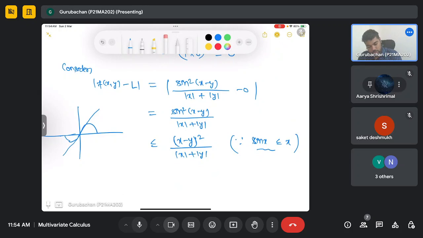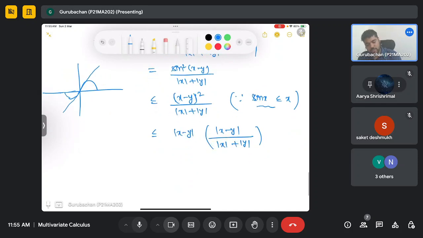So this can also be written as mod of x minus y divided by mod of x plus mod of y. And we know that by triangle inequality, mod of x minus y is less than or equal to mod of x plus mod of y, which will imply that mod of x minus y divided by mod of x plus mod of y will be less than or equal to 1.